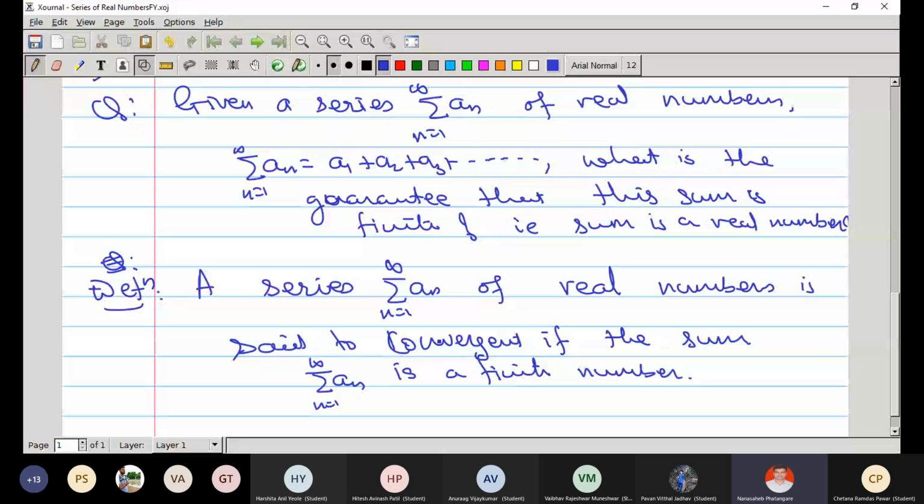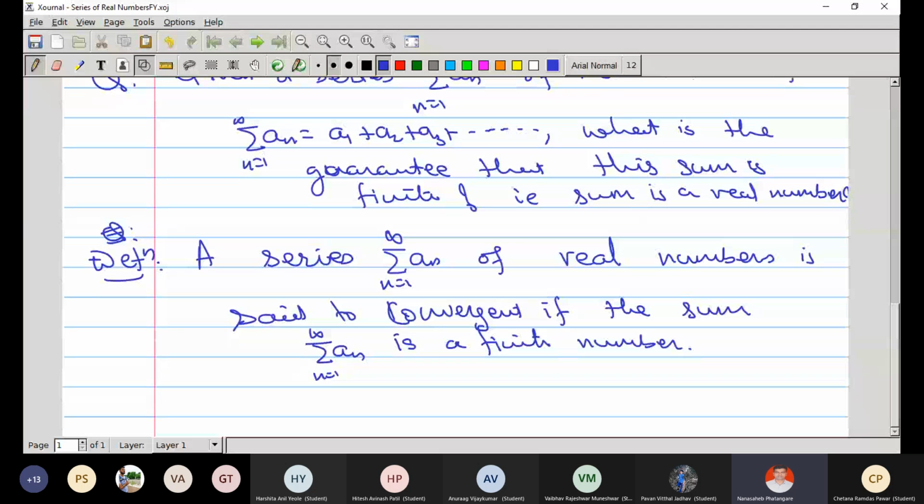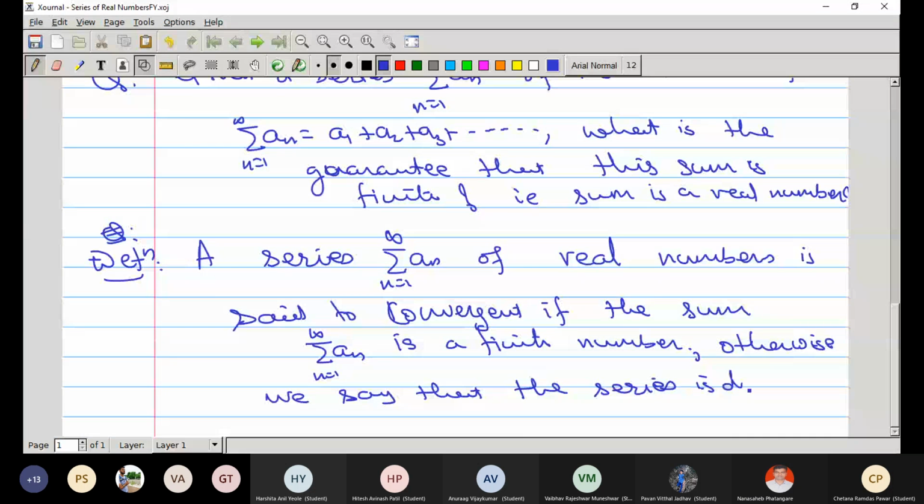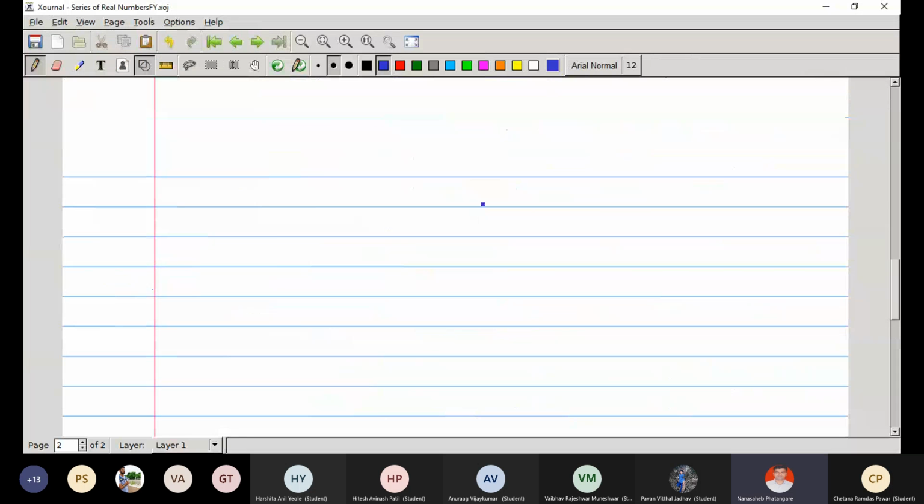Right, so the definition is clear: we say that a series is convergent if the total sum is a finite number. Otherwise we say that the series is divergent. Otherwise means if this sum is not finite or is not a fixed finite number, then we say that the series is divergent. Okay, so is it clear what I have written?